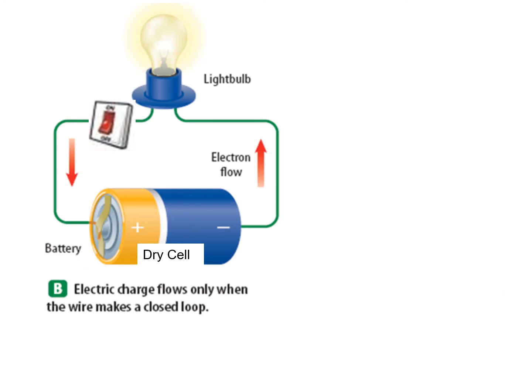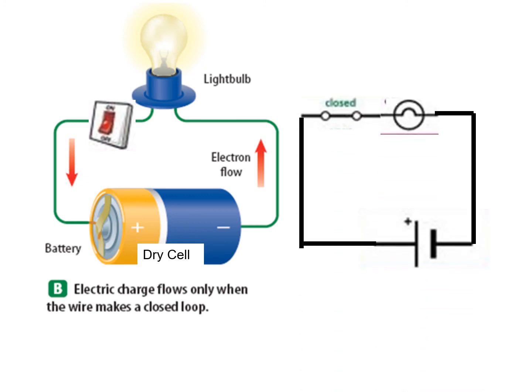How are we going to convert this circuit into a circuit diagram? You should know the symbol for each component. So this is the circuit diagram. This is the symbol for a dry cell.